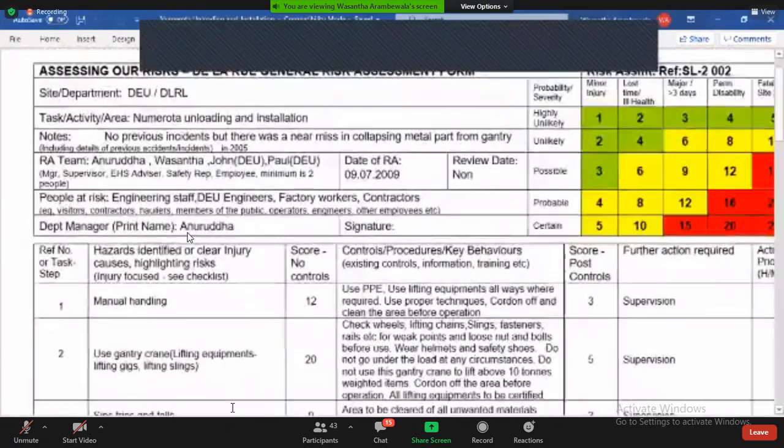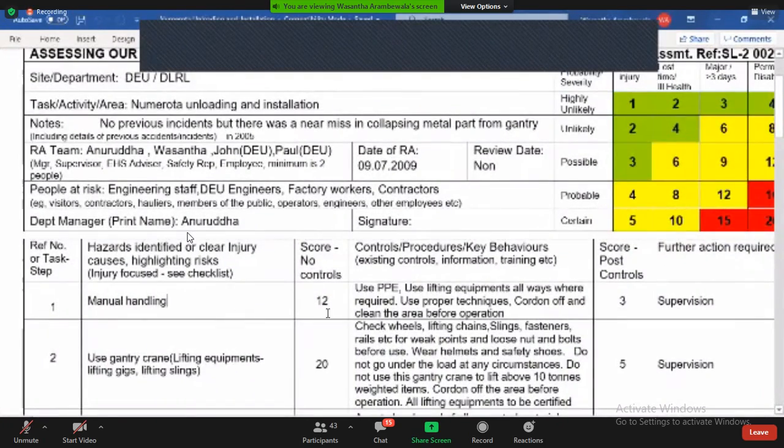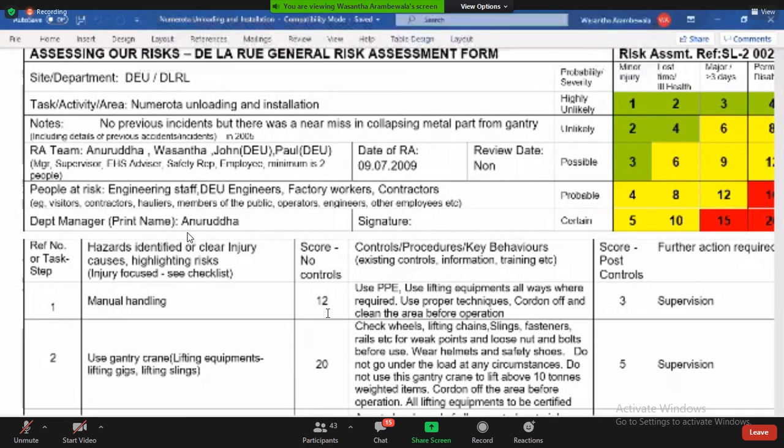For example, manual handling. Score without any control. That means assume that for manual handling we don't have any control in place. People will drag, lift, move, pull, push, anything like that. Without control, if you did not have any trained employees and so on, what could be the possibility?